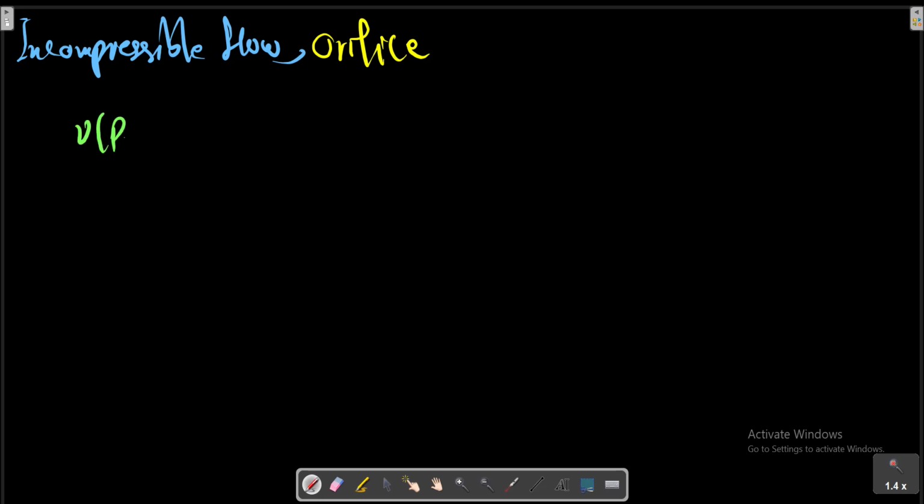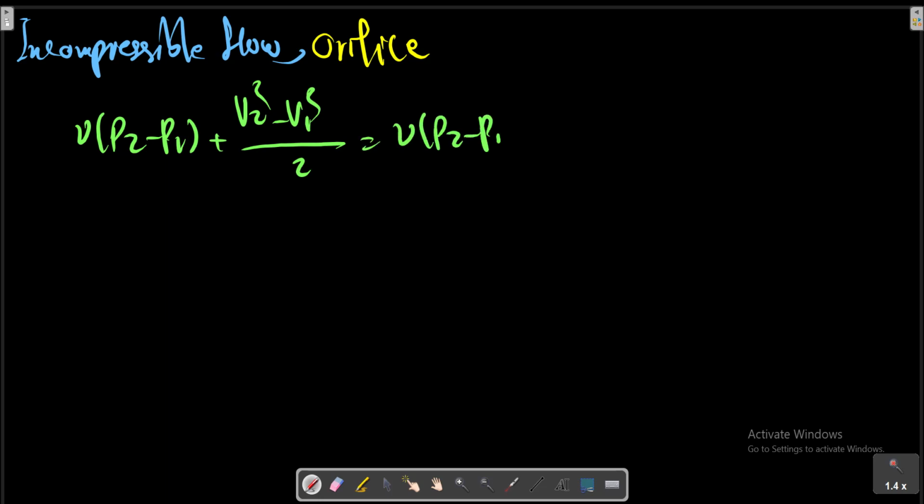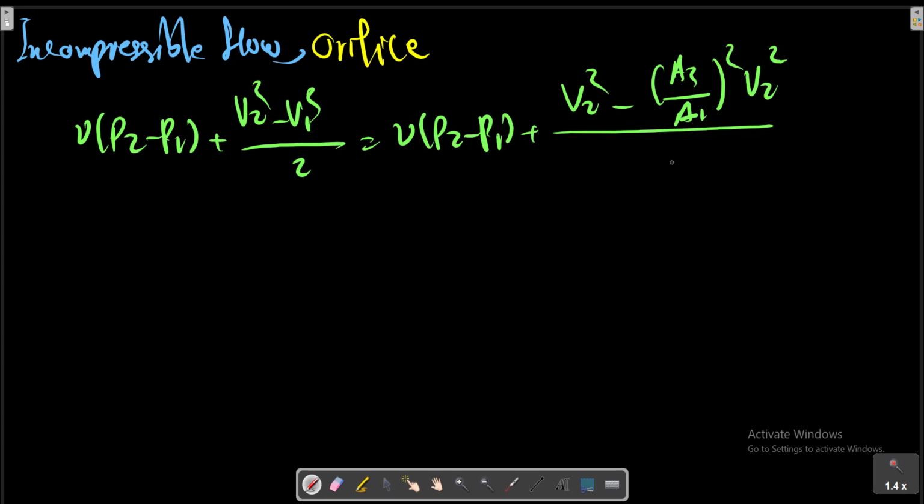The specific volume pressure between two points should be equal to 0. We make a simplification, and we can obtain the following.